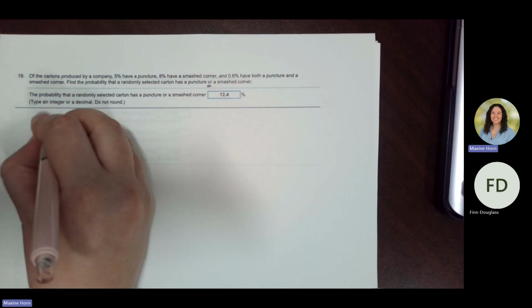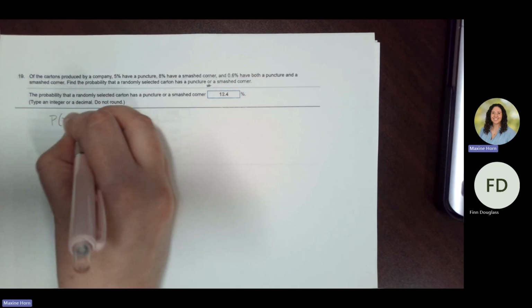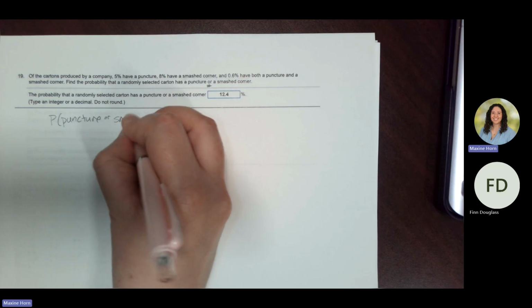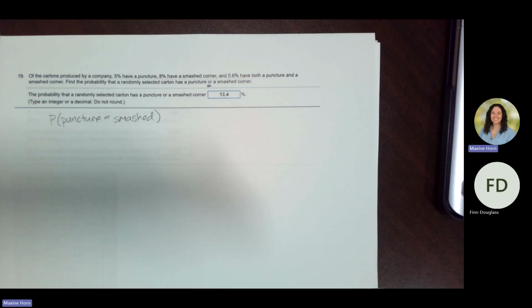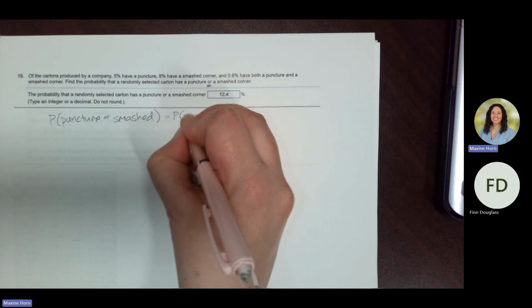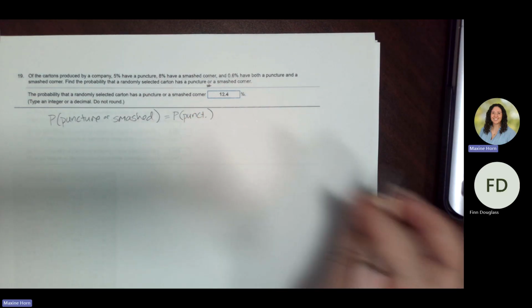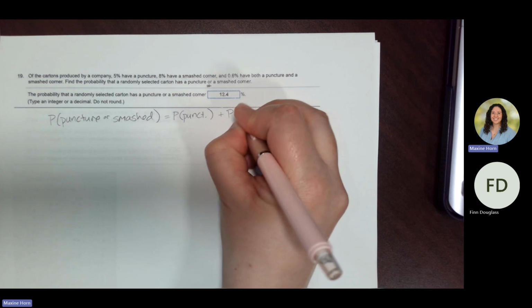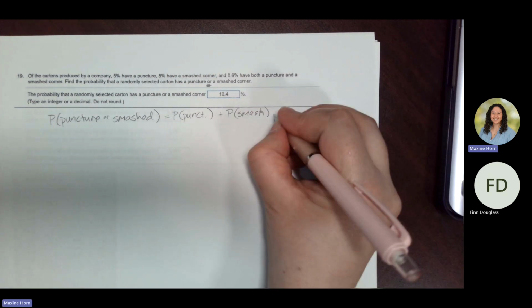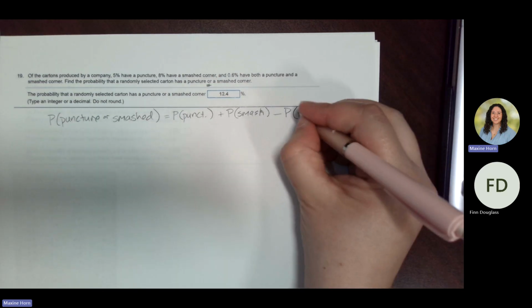So the addition rule says if I want the probability of punctured or smashed corner, I'm just going to shorten these, I'm going to run out of room. That's the probability that it's punctured, plus the probability that it's smashed, minus the probability that it's both punctured and smashed.